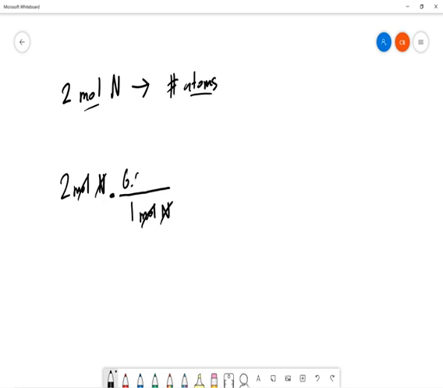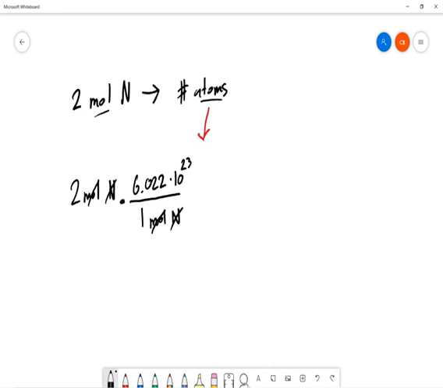Well, 1 mole of anything is 6.022 times 10 to the 23rd. And what are we concerned with? Nitrogen atoms, right? So this is 6.022 times 10 to the 23rd nitrogen atoms.